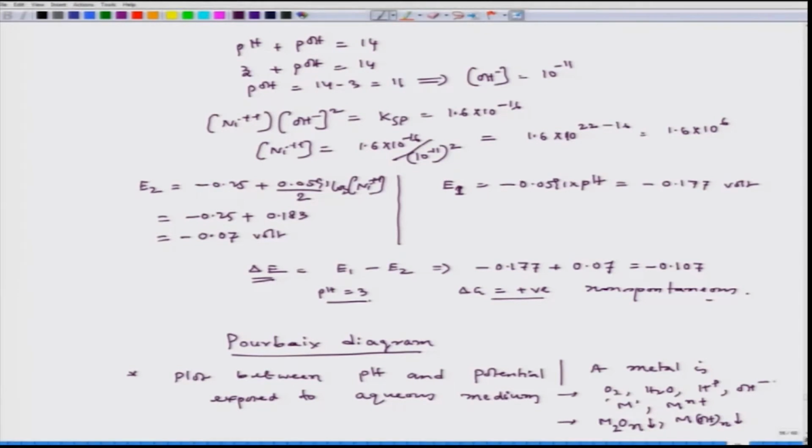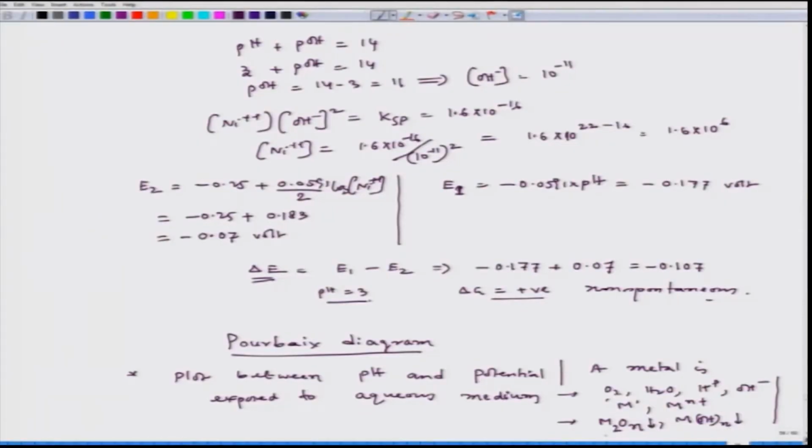Now, whenever we expose a metal in a system containing such ions, there could be possibility that oxygen is not present, but hydrogen ion would always be there. There could also be presence of oxygen, and of course, once you have a metal, there could be formation of metal ion, and if the situation permits, we can have oxide or hydroxide. So, we can have the stability of different phases, and from that diagram we can get some information about all those phases.